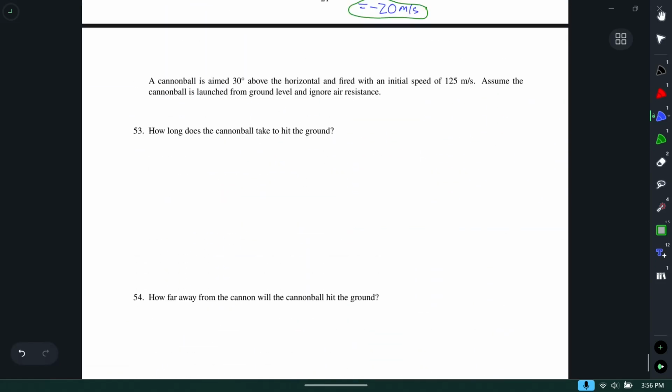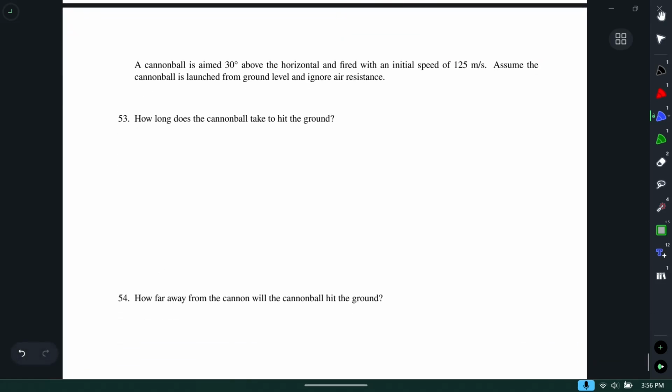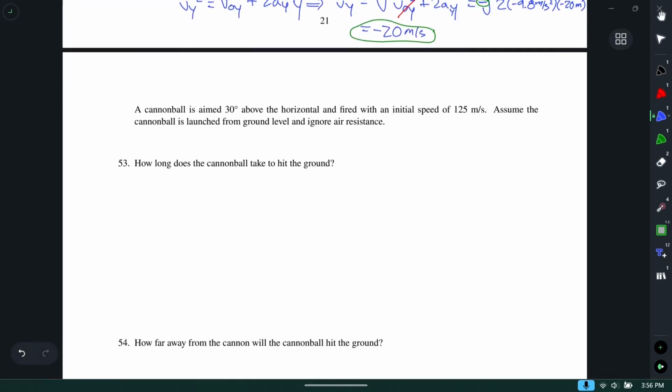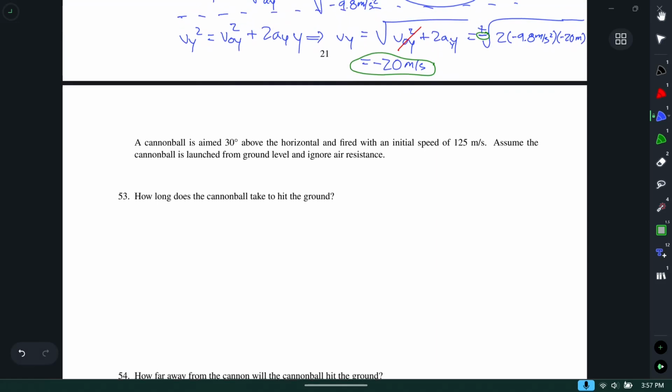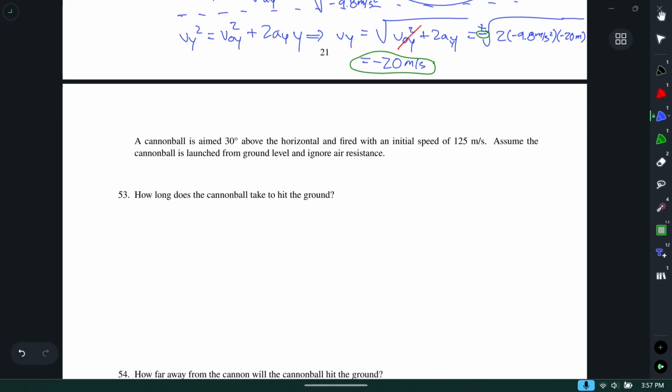And then I did say I was going to do one with it launched at an angle, so let me just do this first question for that to see what the difference is. It's a slight difference. So we've got a cannonball aimed 30 degrees above the horizontal, launched with an initial speed of 125 meters per second.